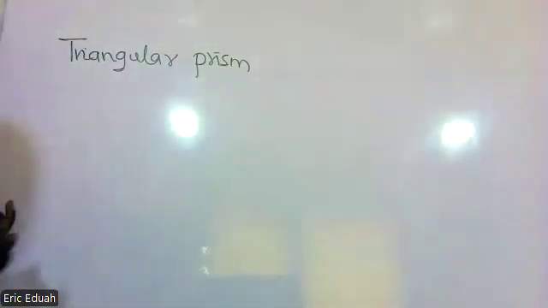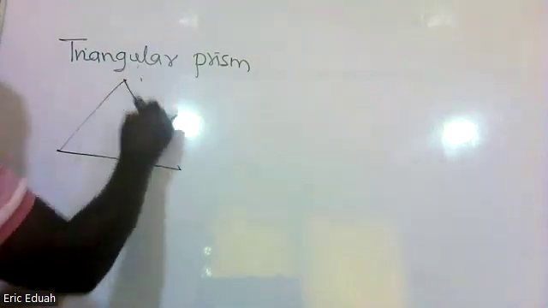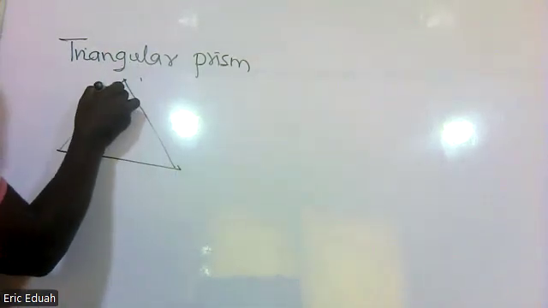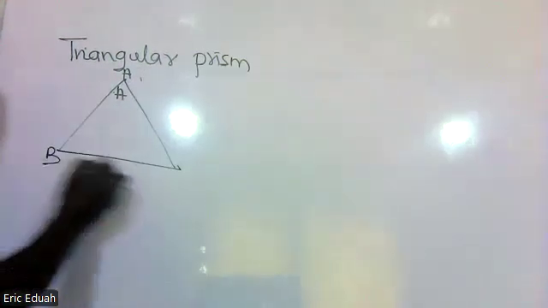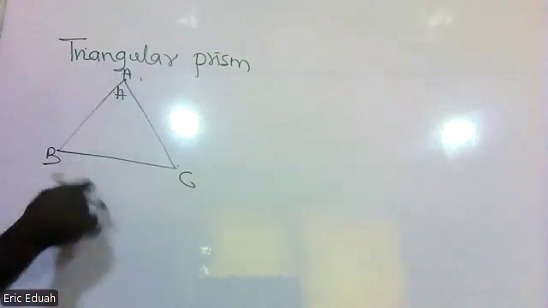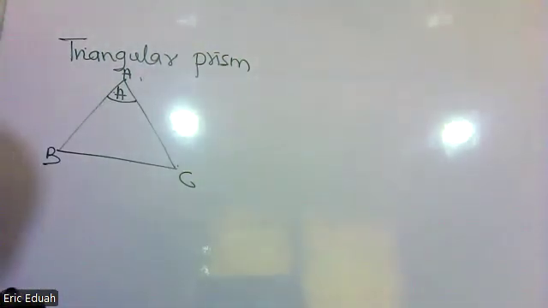Okay. So triangular prisms have unique angles A. So A, B, C. And it is A because of how I'm labeling it. So different prisms have this.